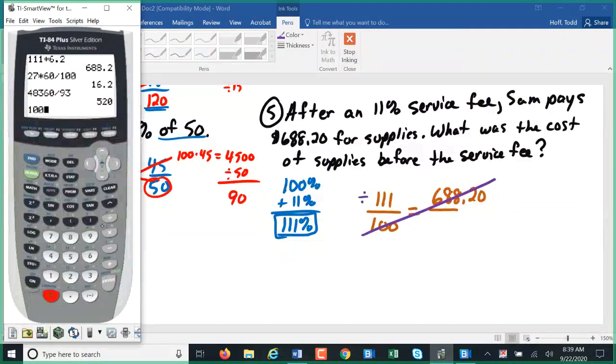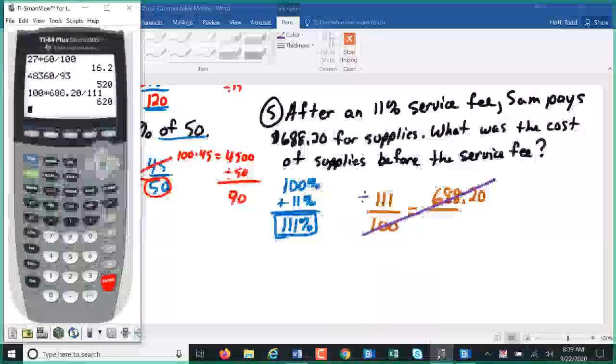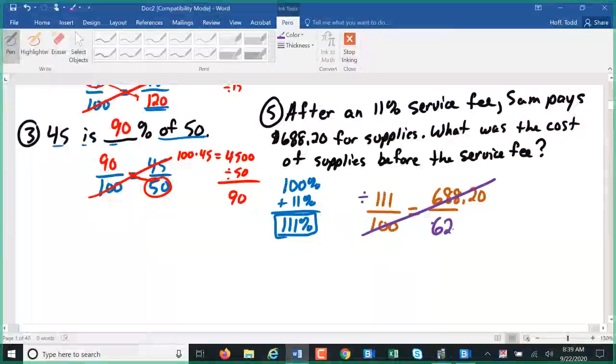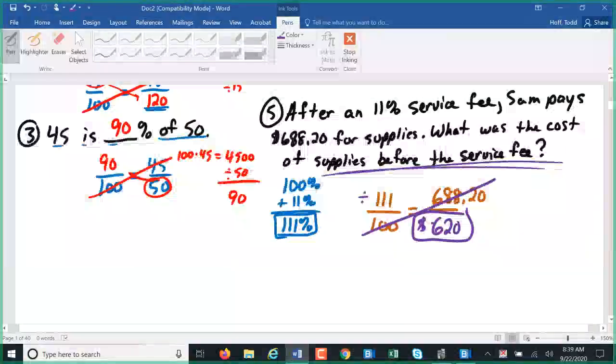So 100 times 688.20 divided by 111 gives us $620. So that is the price before the service fee. That actually was what we were asked to find, the cost of supplies before the service fee. So $620 is what we're looking for there.